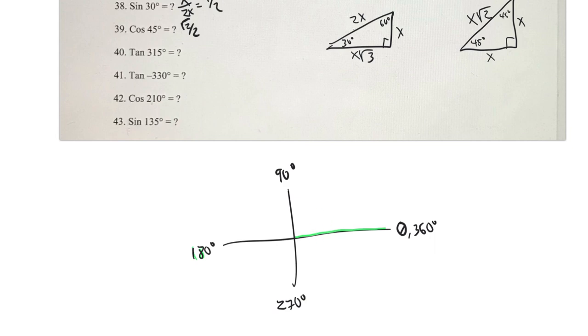So when we say 315, we know that's going to land somewhere here, right? But let's think about it. What's the difference between that 315 angle and this 360? Well, 360 minus 315 is 45. So we could hypothetically create this triangle where there's 45 degrees right there, which makes this 45 degrees.